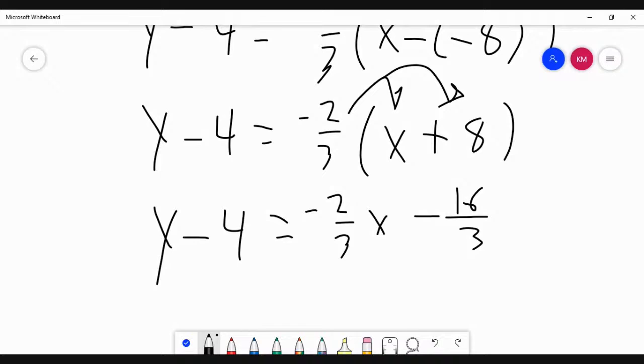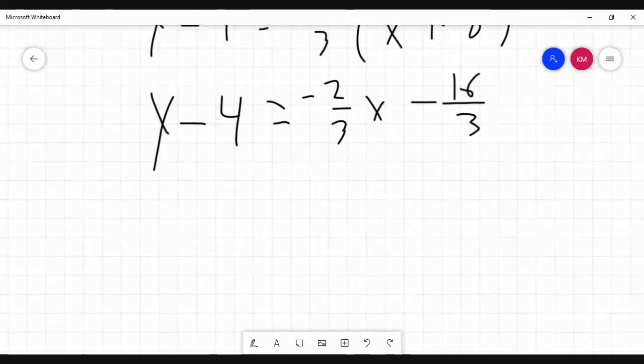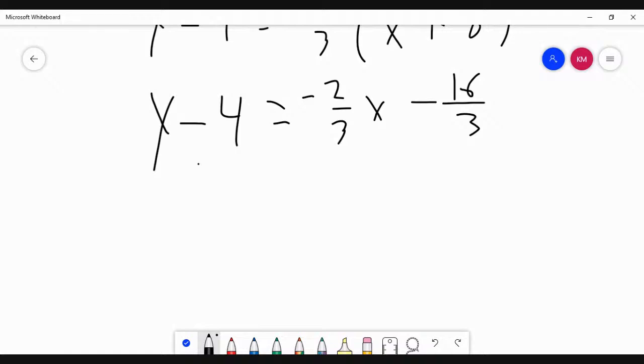So now we still process the same way. Add 4 on both sides. My 4 becomes a 12 over 3, because 12 divided by 3 gives me 4. So I can take that away.